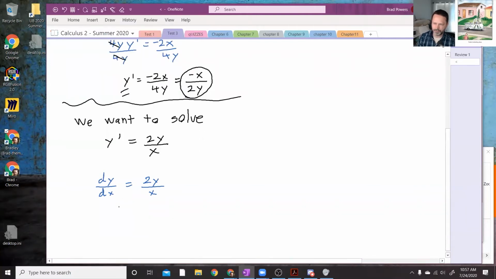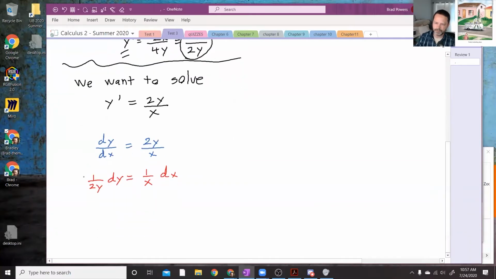So we could group our x's with our dx, our y's with our dy, and what I'll get is 1 over 2y dy is equal to 1 over x dx. And that way we can find the solutions here. Take the integral of both sides.